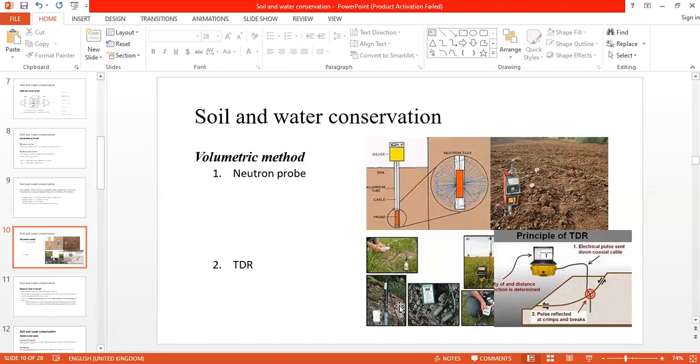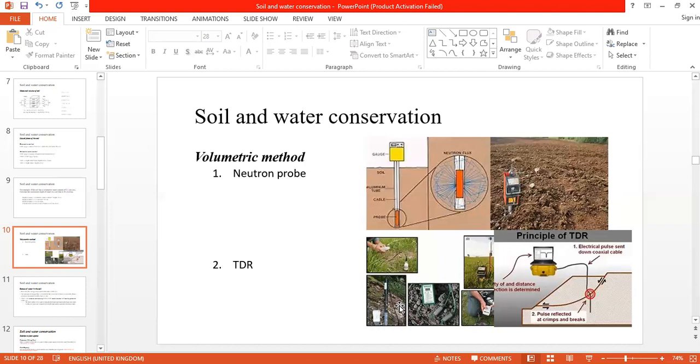It's usually in milliseconds, for example 0.2 milliseconds. Then you get a sample of soil and take it to the lab, you dry it, you weigh it, and you get the gravimetric moisture content.